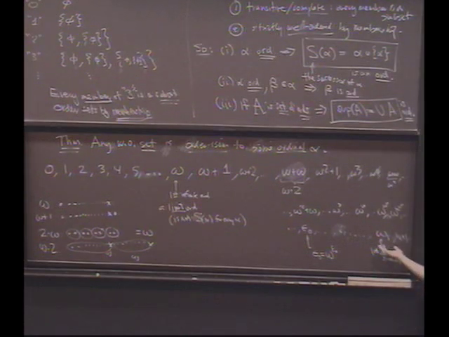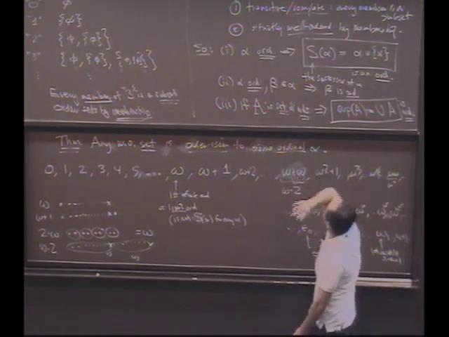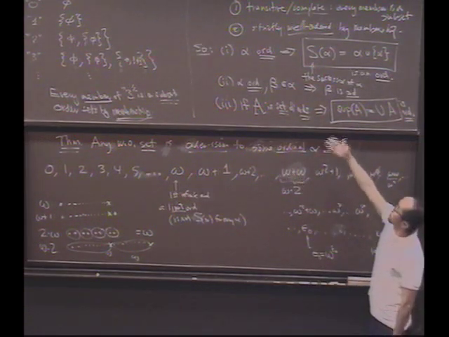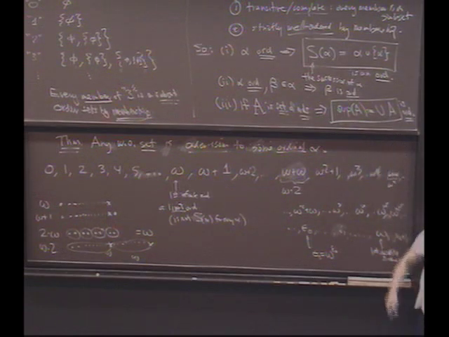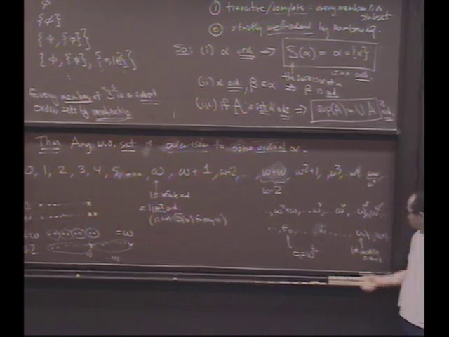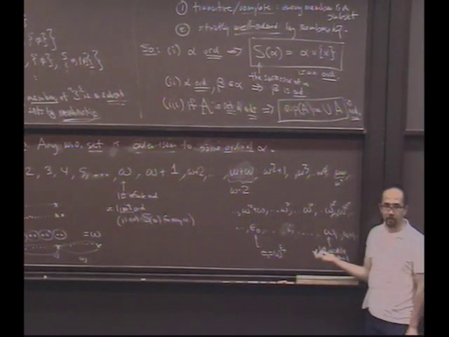You can't stop me from taking the supremum of all the things that preceded it. And you can verify, just by verifying property 3, that if you take the supremum of a set of ordinals, you'll get something that is an ordinal. Well, there has to be a first uncountable ordinal.